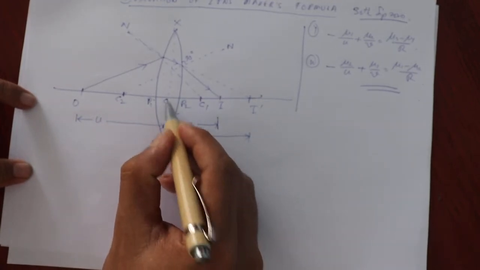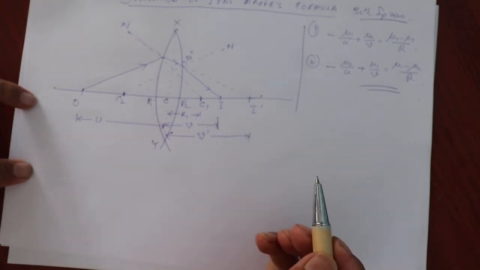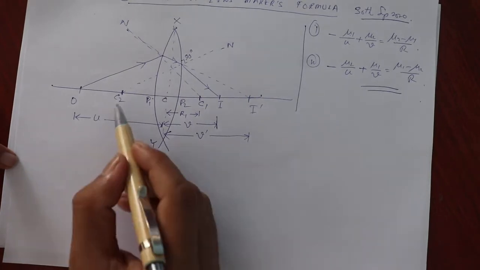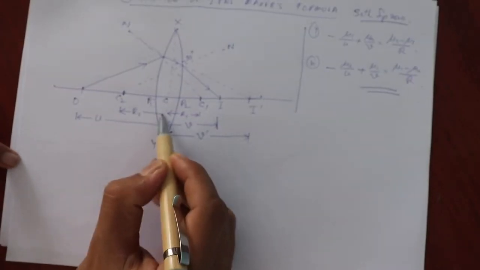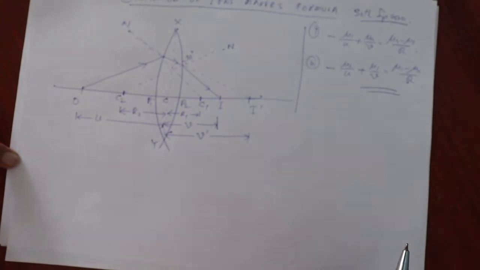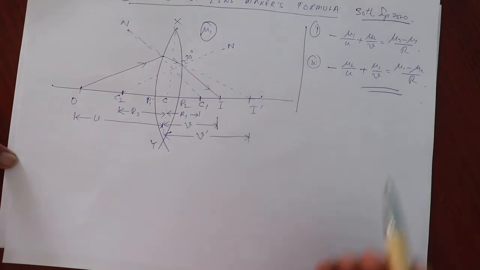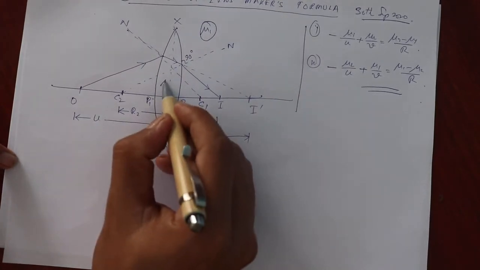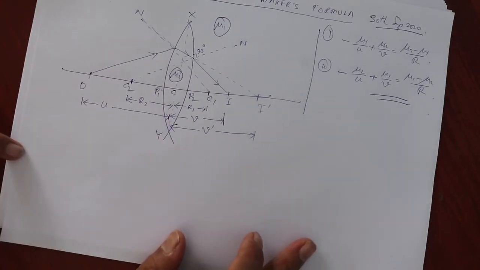The distance between the center of the lens and the first center of curvature is R1, the radius of curvature. Similarly, the distance between C2 and the center of the lens should be R2 here. Our lens is surrounded by a medium of refractive index mu1, and the lens is made of a material like glass with refractive index of mu2 here. So this is your ray diagram.